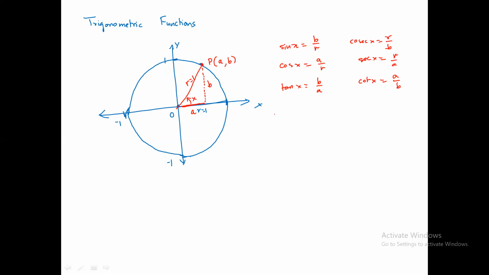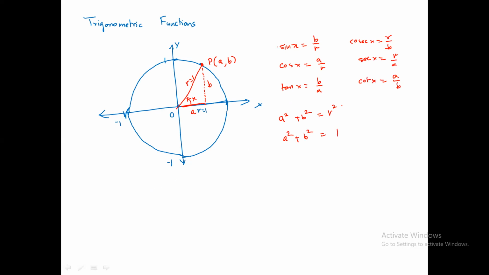Then by Pythagoras theorem, I can write a square plus b square is r square. Or a square plus b square is 1, because radius is 1.